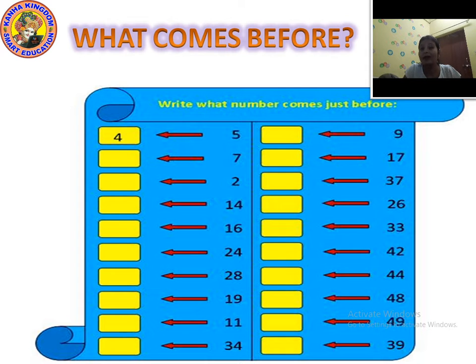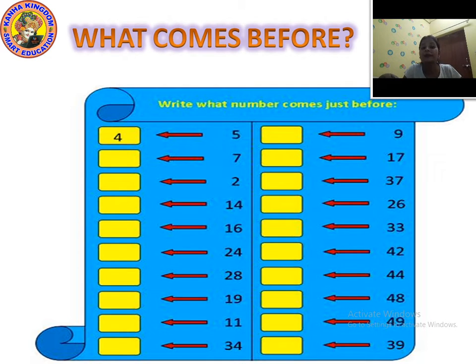So what comes just before 7? 6. So we will write here number 6, because before 7, 6 comes.